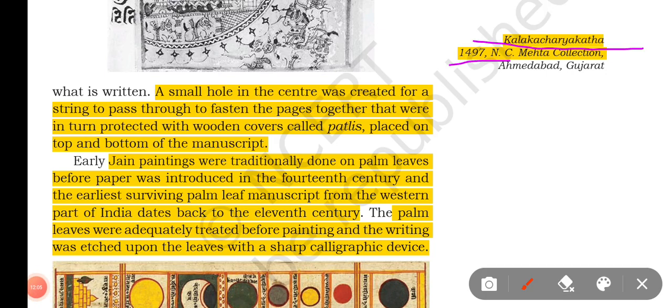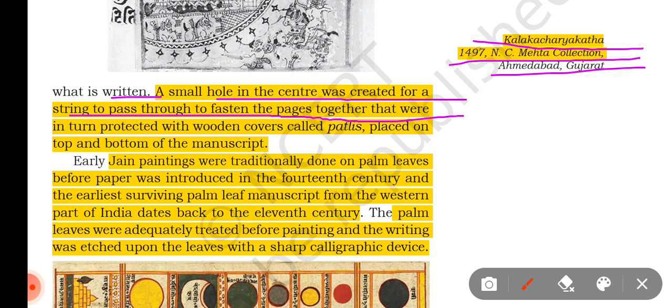Kalakacharya Katha, 1497, N.C. Mehta Collection, Ahmedabad, Gujarat. A small hole in the center was created for a string to pass through to fasten the pages together, which were in turn protected with wooden covers called patlis placed on top and bottom of the manuscript.